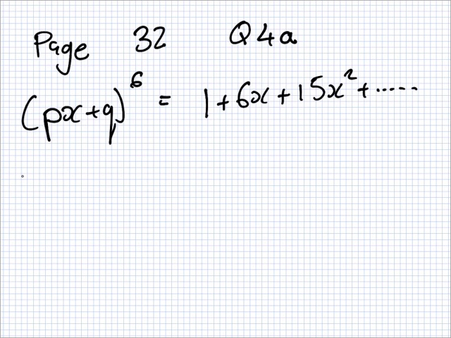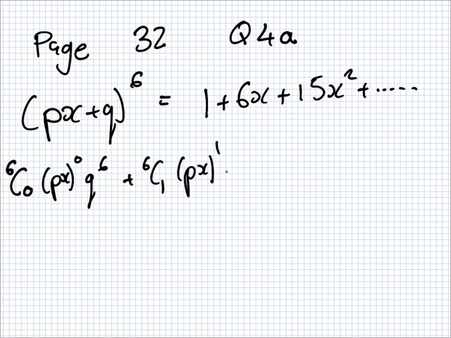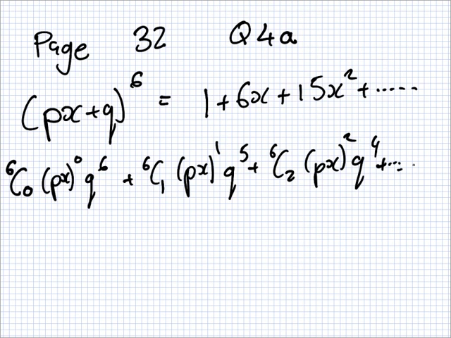If I expand on the left, I'll get 6c0 px^0 q^6 plus 6c1 px^1 q^5 plus 6c2 px squared q^4 dot dot dot equals.